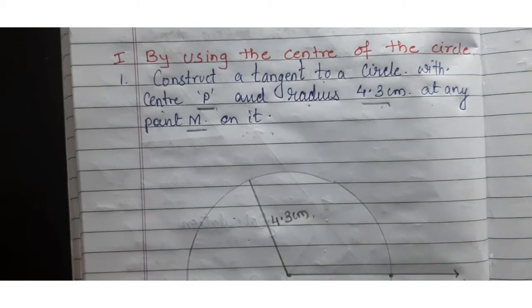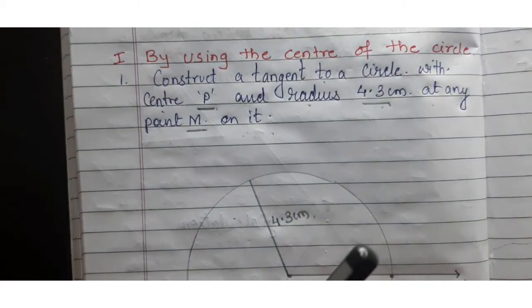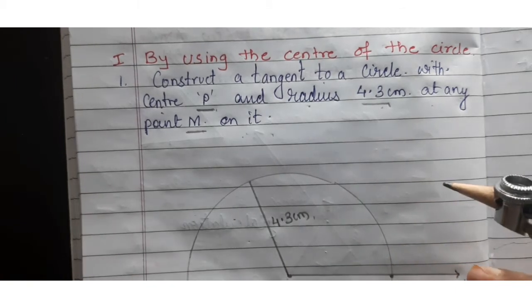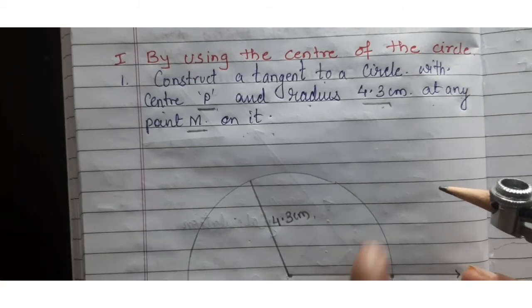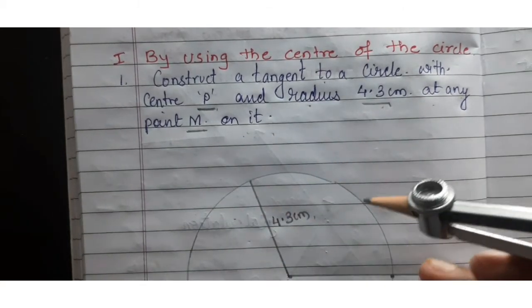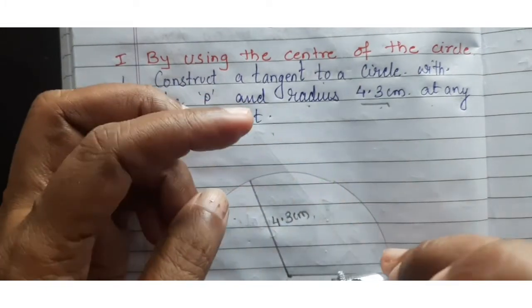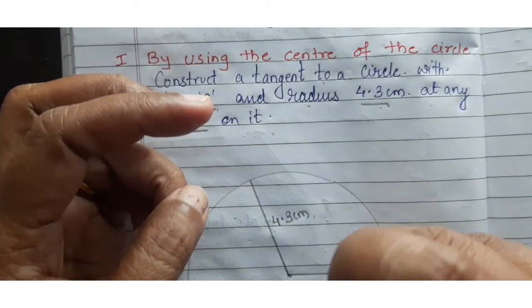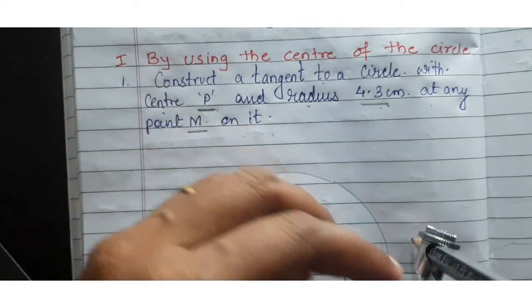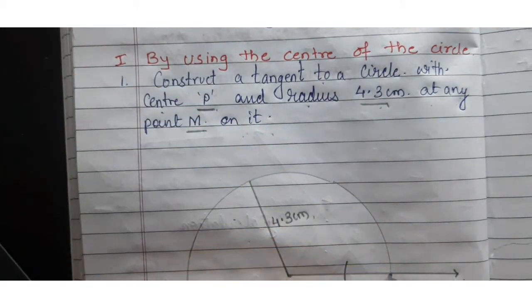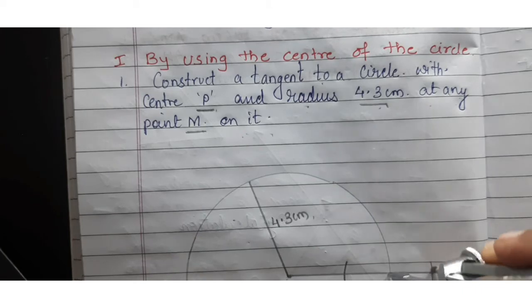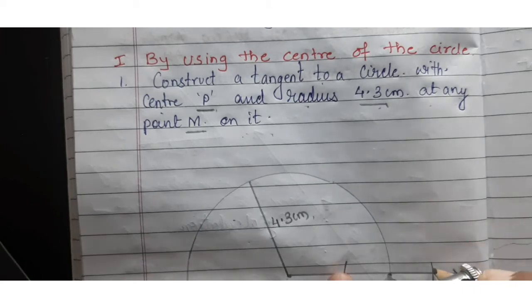Fine. Now I have shown you how to draw the perpendicular to the line segment, as tangents are perpendicular to the radius. So this is the radius, and to this I have to draw the perpendicular. I have shown you how to draw the perpendicular from a point on the line segment. So what I'll be doing, I'll be keeping the pointer on M. Again I am repeating, pointer of compass on M, and I'll be drawing two arcs.